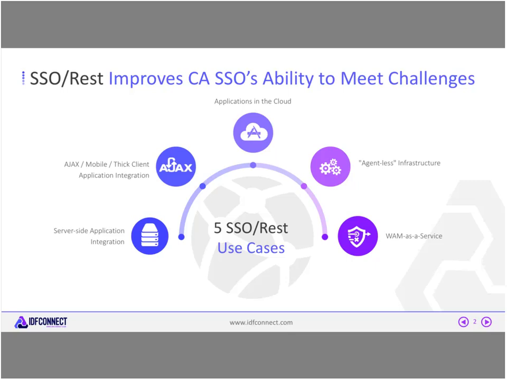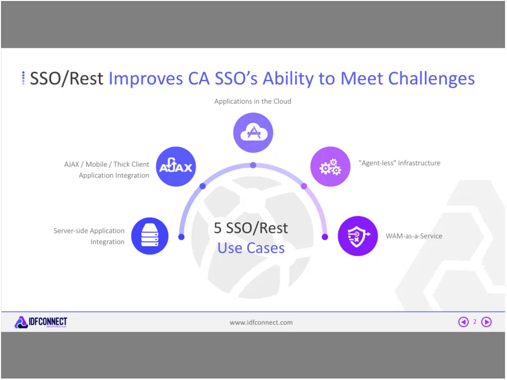But there are some really important use cases that SSO REST answers, and we divide them into these 5 different types of use cases, some of which are going to be very familiar to you and are use cases that CA SSO has been asked to fulfill over the years, where SSO REST adds some additional capabilities and puts some new flavors around it.